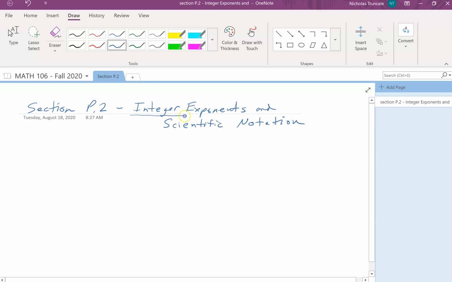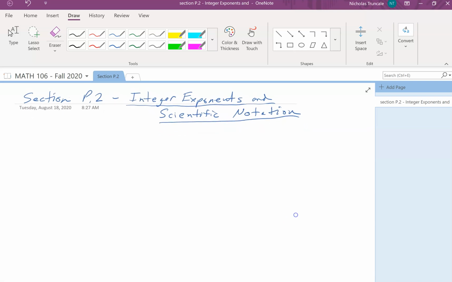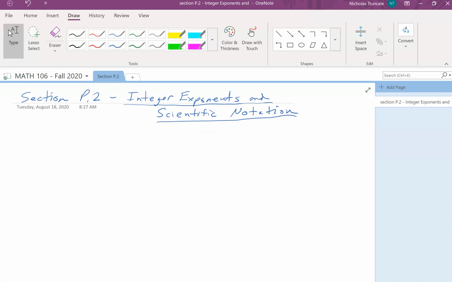All right, so that's our topic. I'm just going to go through some of the integer exponent rules, because this first section is going to end with how to simplify expressions and how I would like to see final answers given when you're simplifying an expression.